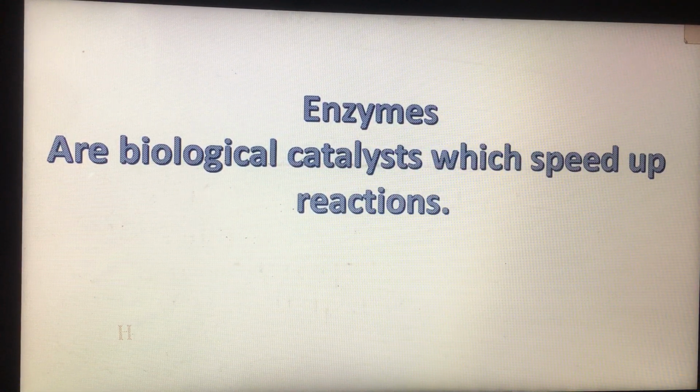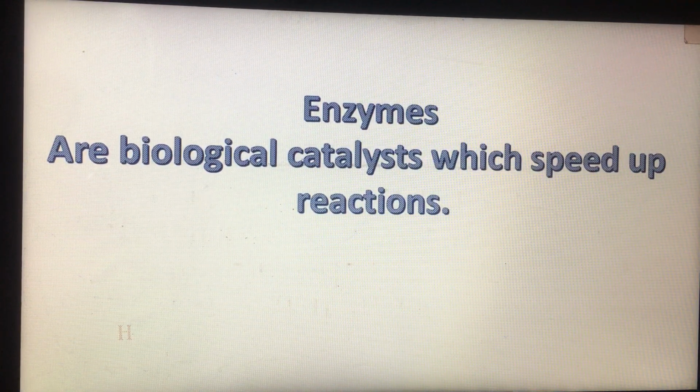As you know before, enzymes are biological catalysts which speed up reactions without themselves being changed by the reaction. And enzymes are proteins. Each enzyme has a special function.